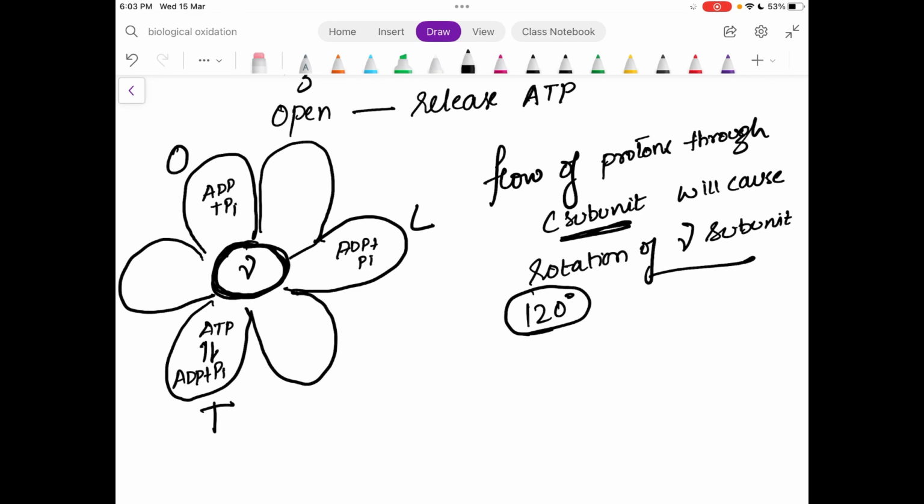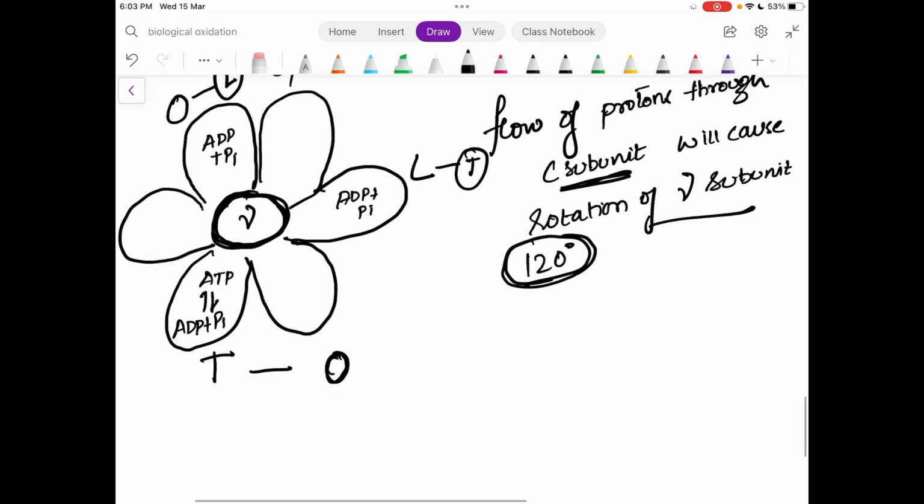With this rotation, T form will be changed into O form, L form will be changed into T form, and O form will be changed into L form. There will be a conformational change. In the T form ATP is synthesized, but from this T form ATP cannot be released. Only in open form will ATP be released.